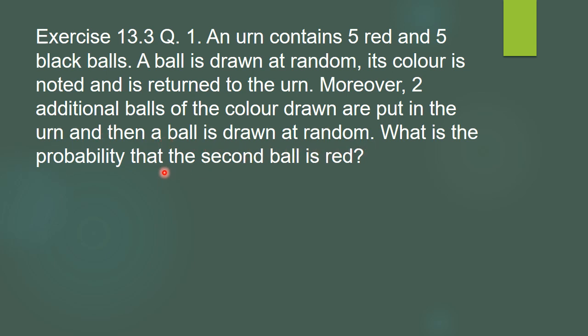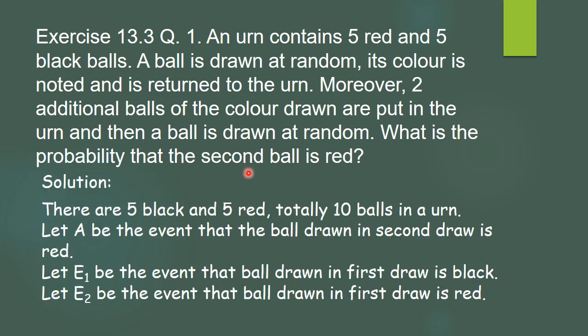What is the probability that the second ball is red? So the main event whose probability we have to calculate is the second ball being red, and that is written as A. So we'll say: let A be the event that the ball drawn in the second draw is red.